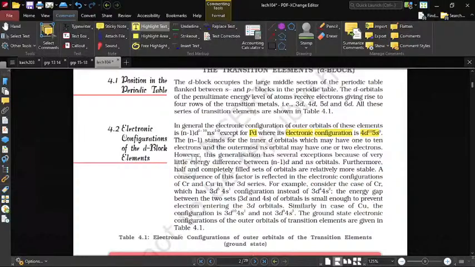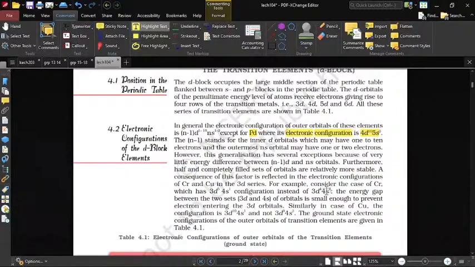However, this generalization has several exceptions because of the very little energy difference between (n-1)d and ns orbitals. Furthermore, half and completely filled sets of orbitals are relatively more stable. A consequence of this factor is reflected in the electronic configuration of chromium and copper in the 3d series.